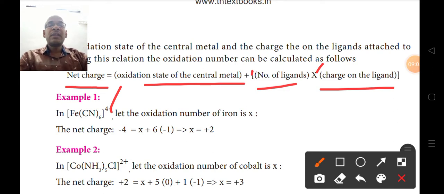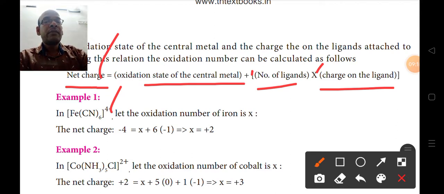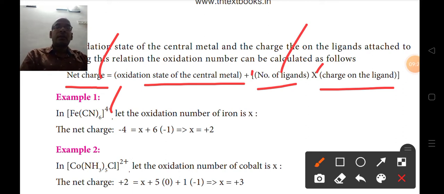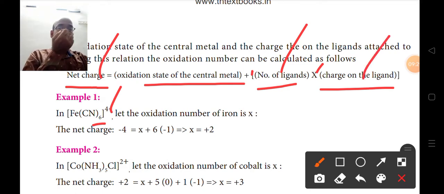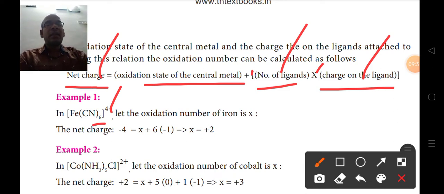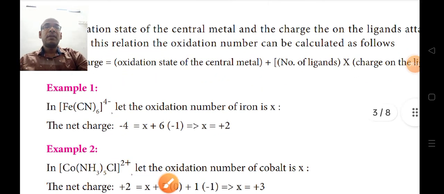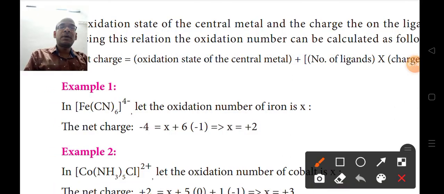To find the oxidation number, we first need the net charge on the complex ion. The number of ligands we can find from the complex ion. The charge on the ligand we know. Later, I mention ligands and charges in types of ligands. Now, take the example given in the book to find the oxidation number.